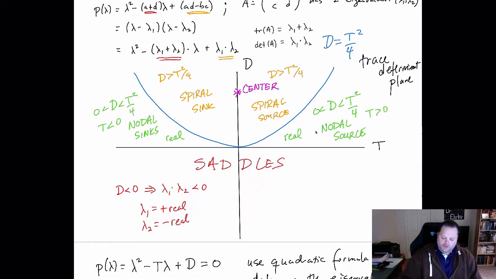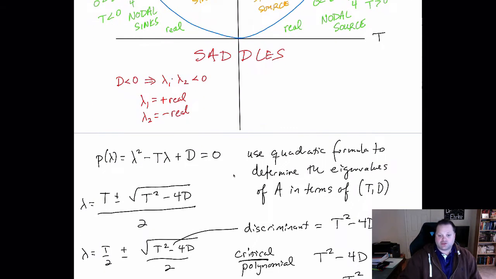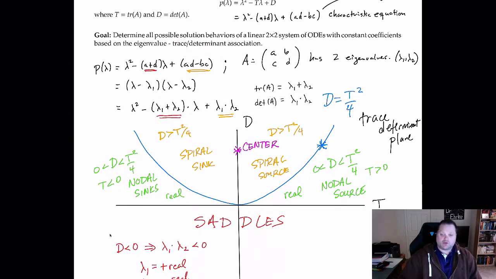All right, what if you're somewhere on the critical polynomial itself? Say, for instance, you're at a point like right there. Well, these points are on the critical polynomial, which means that the discriminant down here is 0. So if the discriminant is 0, you get a repeated root. You get t over 2 repeated twice. So you get a repeated root, but the trace of that root is positive, so it's a source, not a sink.